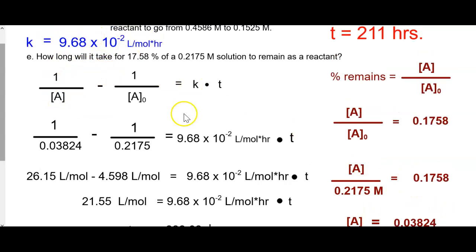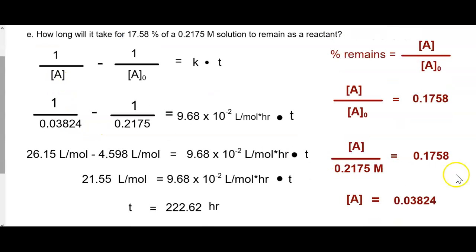Then we go back to our generic formula. Remember, it's required that you show the generic formula. This will help you stay organized and get correct answers. I'm going to plug 1 over A, which we calculated by our percent remains work over here, by our side work. So we put 0.03824 here. And then 1 over A naught, which was what we were given, 0.2175. We already knew K from previous work.